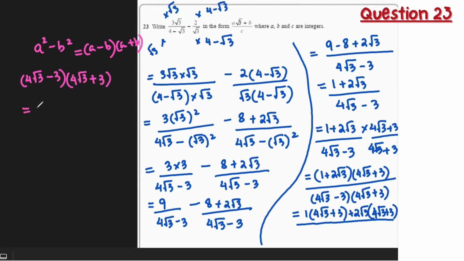So we can rewrite this as 4 root 3 squared minus 3 squared, which is the same as the difference of perfect squares. 4 root 3 squared is going to be 16 times 3, because we square 4, which is 16, and the square of root 3 is 3, and 3 squared is 9. 16 times 3 is going to be 48. So 48 minus 9 is 39. So that's going to be 39 over here.